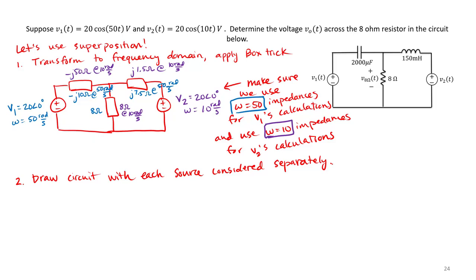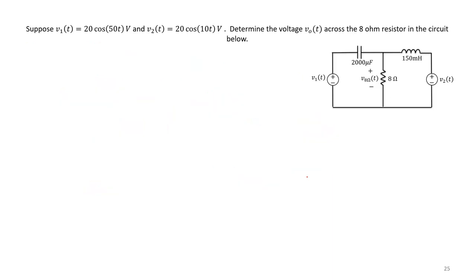And then we can solve for each source's contribution to that voltage across our 8-ohm resistor. So let's go ahead and do that. Let's first consider the circuit with V1 of t alone.